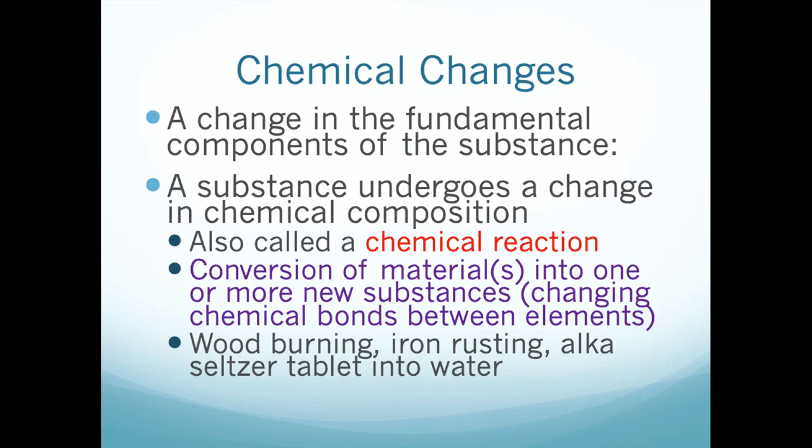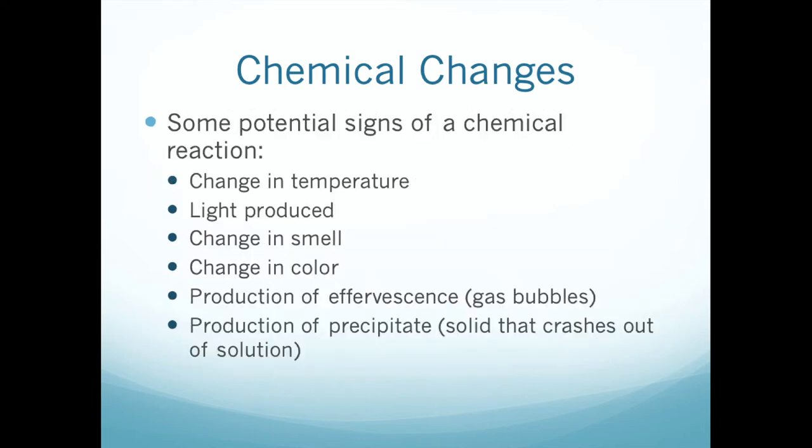And again, there are a lot of things you can observe that tell you a chemical reaction is going on. Some of these signs of a chemical reaction, and by the way, you're not going to see all of these at once. You might get more than one of them, but usually it's only a couple of them. So oftentimes there is heat and light being given off.